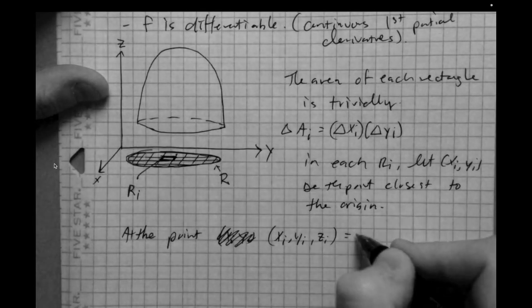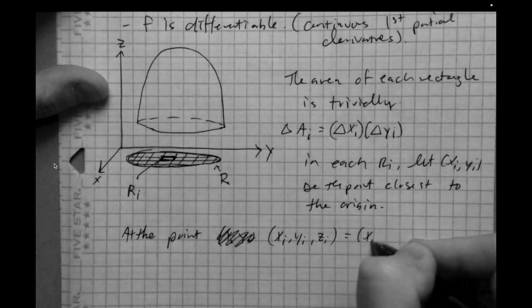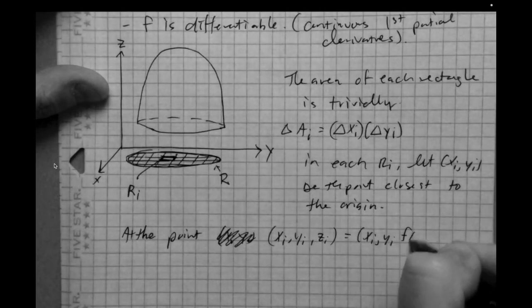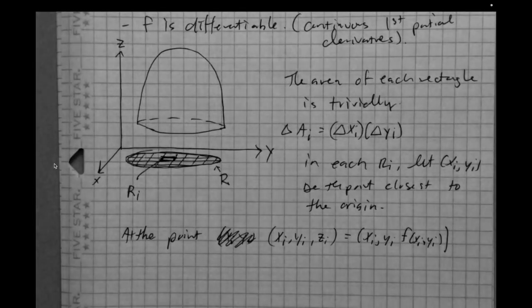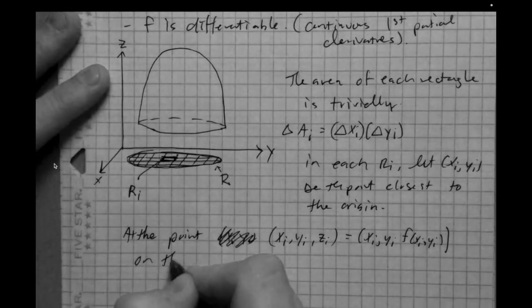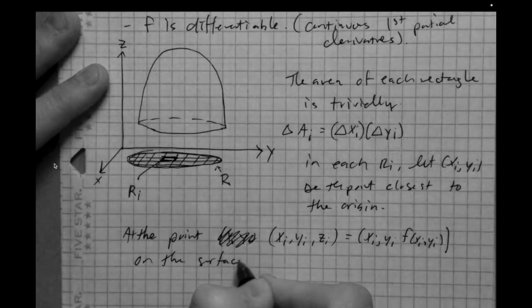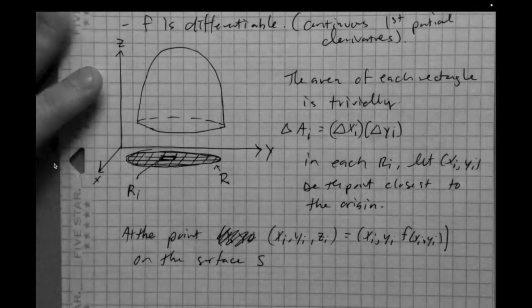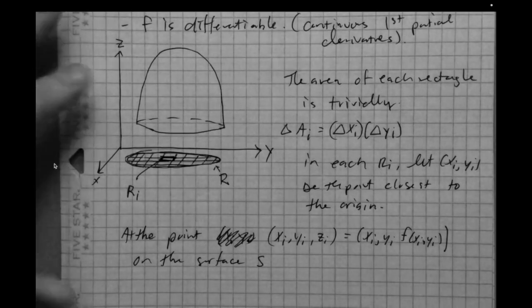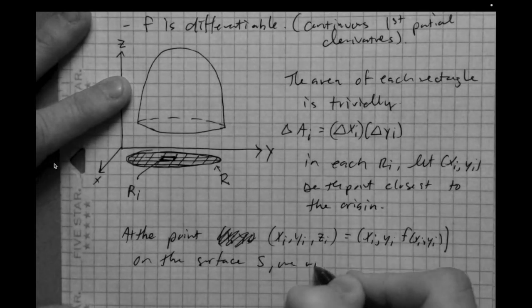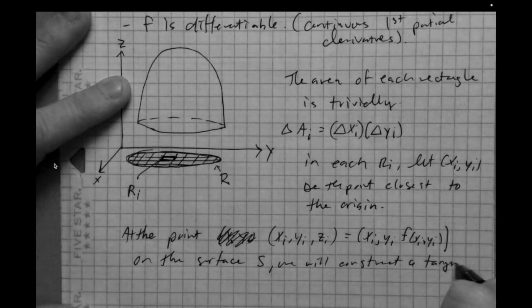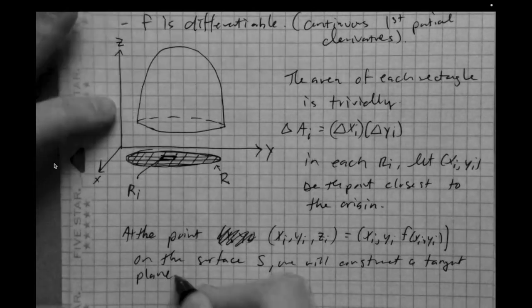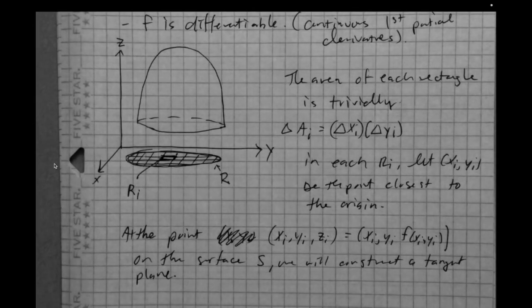And we know where the zi comes from. It's (xi, yi, f(xi, yi)). So at that point on the surface S, we want to construct a tangent plane, and we'll call the tangent plane Ti.